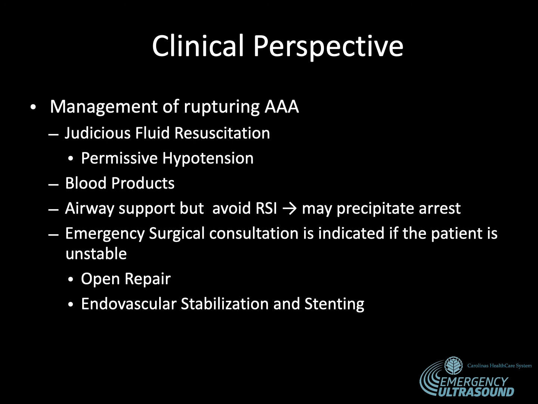This may precipitate arrest in these patients. Emergency surgical consultation is indicated if the patient is unstable, and the surgeons can discuss open repair versus endovascular stabilization and stenting. So the mortality and the emergent aspects surrounding the management of a rupturing AAA has led us to create a code rupture algorithm, which puts all specialties on high alert.